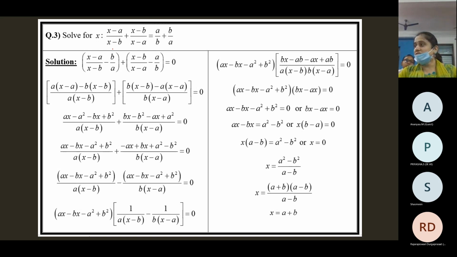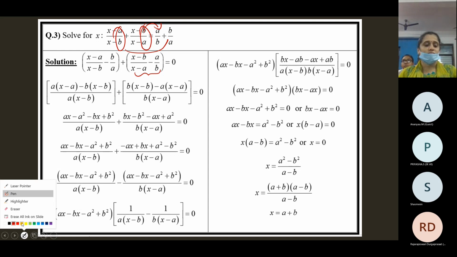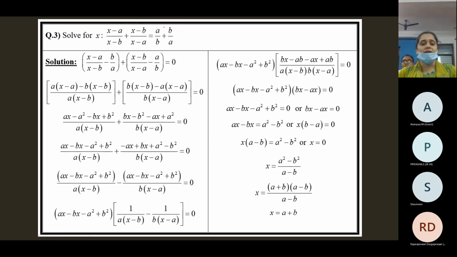Opposite poles attract each other, right, in a magnet? So this is b by a, attracted to a by b. And this is a by b, attracted to b by a. Transpose, is equal to 0.